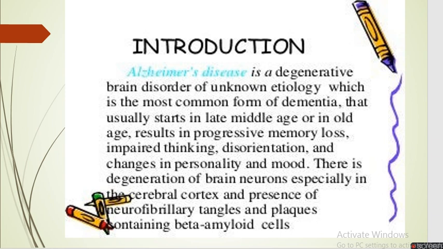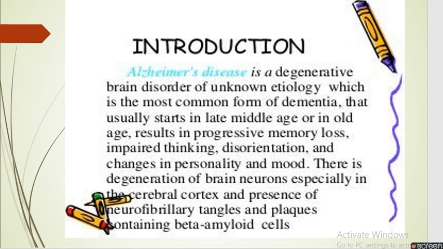Sometimes the patient becomes happy or sad, most of the time sad, because the patient wants to memorize things but is unable to. These clinical features are very important in dementia: memory loss, impaired thinking, disorientation, and change in personality and mood.